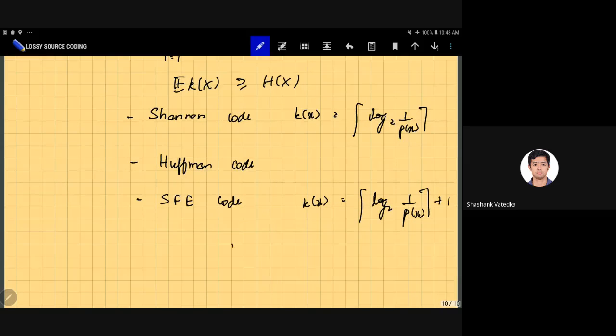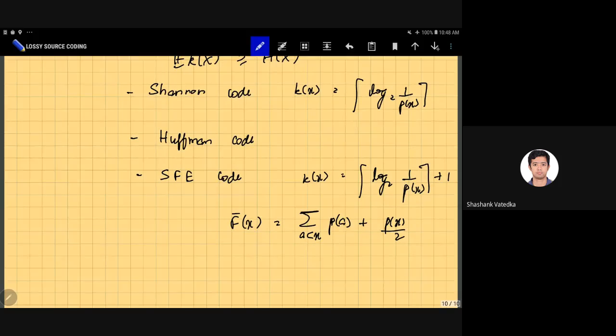Basically the code is constructed by first computing F bar of x, and then truncating the binary representation of F bar of x to l of x bits, and that gives you the corresponding code word. The Shannon-Fano-Elias code is also prefix free.